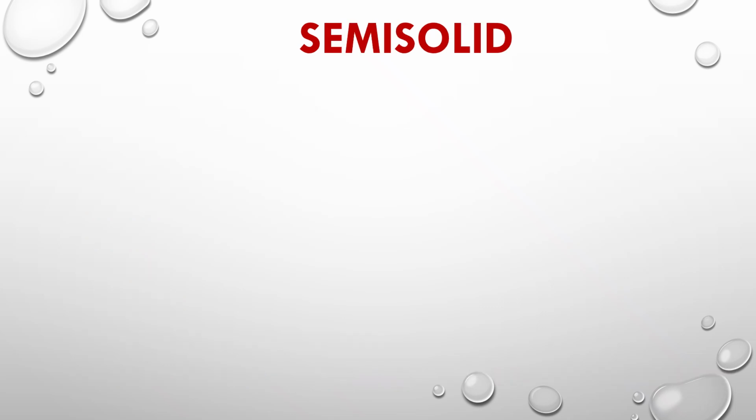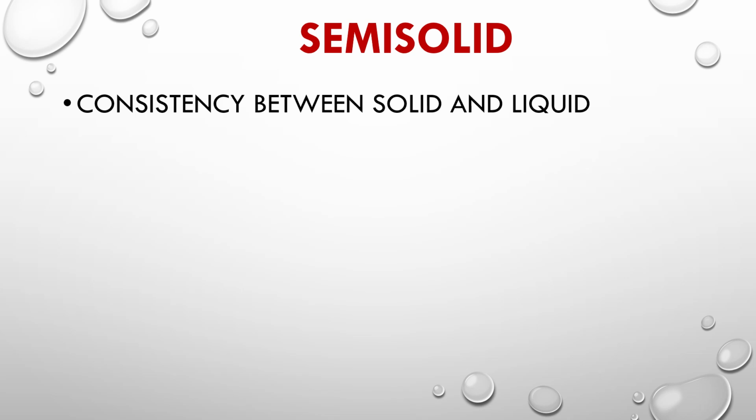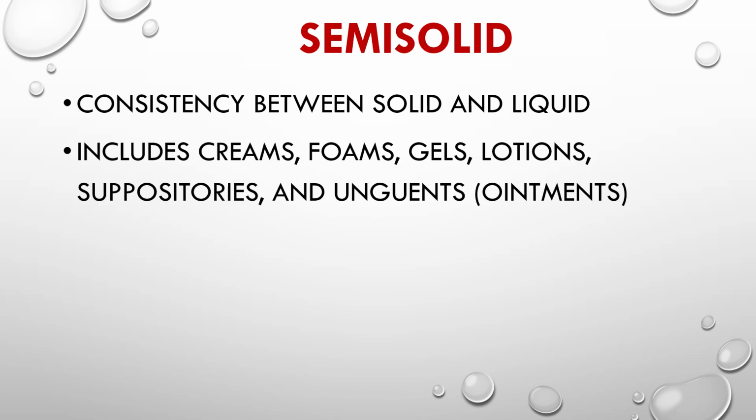Then semi-solid, the name kind of implies it, it's somewhere between. So it's still considered a solid because it has that rather fixed shape and volume, but it's more creamy. So it's somewhere in between a solid and a liquid. So these would be things like creams and foams, gels.